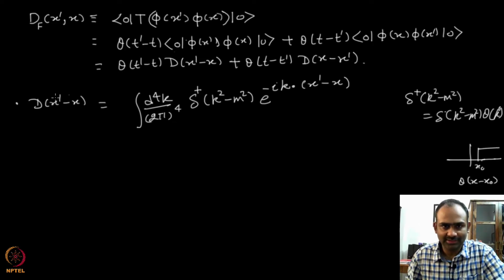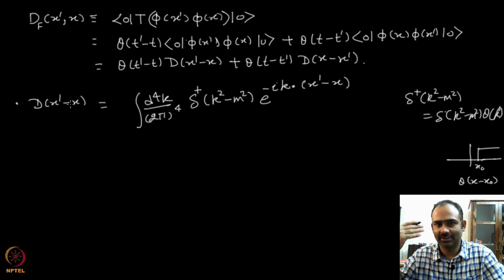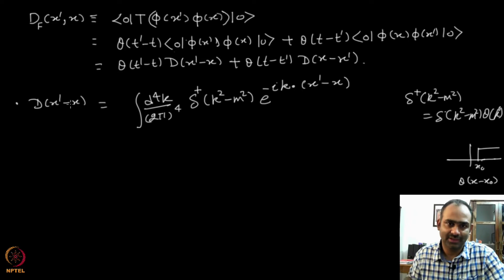And we also saw that this object D(x' - x) is Lorentz invariant, and it's easy to see. If you do a transformation of x' - x to lambda (x' - x), meaning you do a Lorentz transformation and go to another frame, then you can do a change of variables and go from k to lambda k.